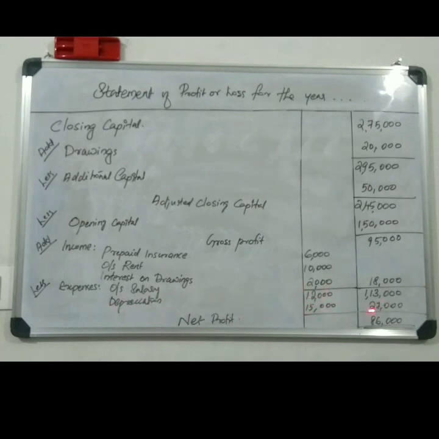So we got 27,000 rupees as expenses. The amount of gross profit plus income has exceeded the amount of expenses, so we got a profit. 1,13,000 rupees minus 27,000 rupees is 86,000 rupees, and this 86,000 rupees is known as net profit. Understood? I hope this is clear to you now.